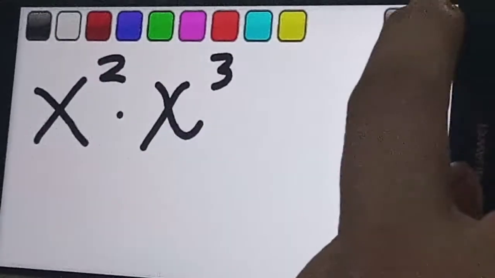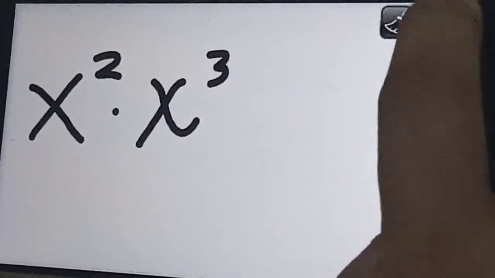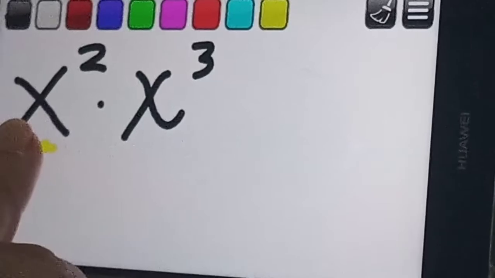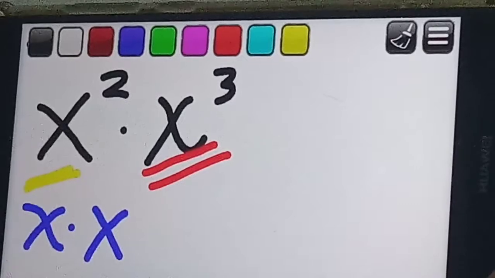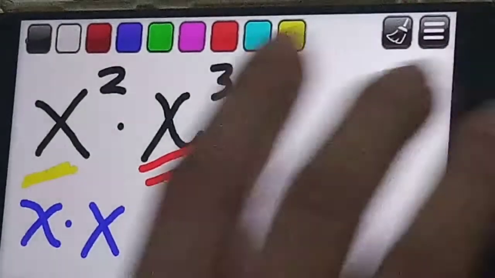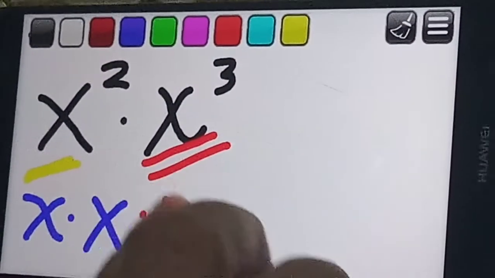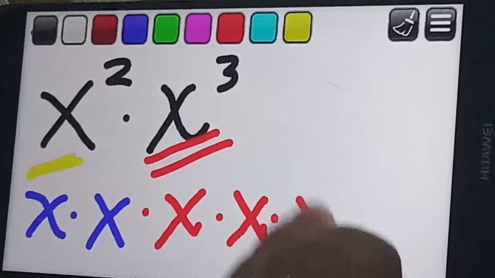Suppose that I have x to the second power times x to the third power. The meaning of this is you will multiply x squared, whose expanded form is x times x, by x cubed, which expands into x times x times x.